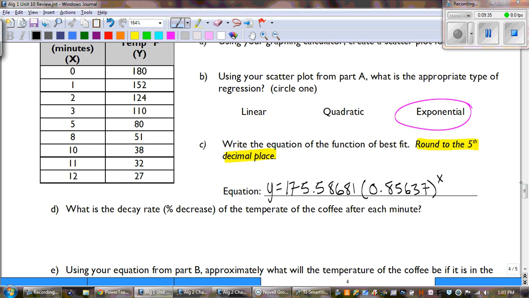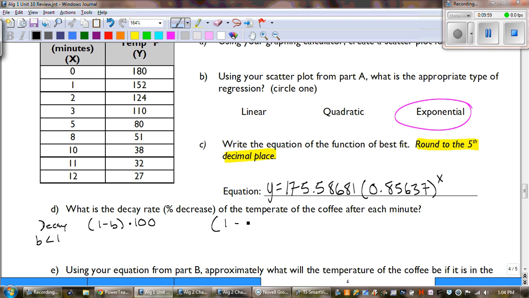Okay. So what is the decay rate, the percent decrease of the temperature of the coffee after each minute? Since we're doing decay, because B is less than 1, we do 1 minus B, and then we times it by 100. Okay?